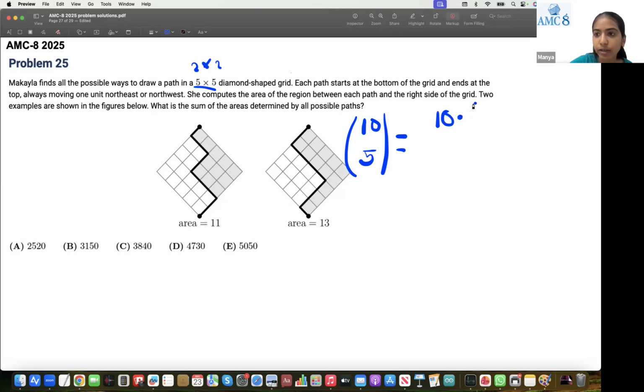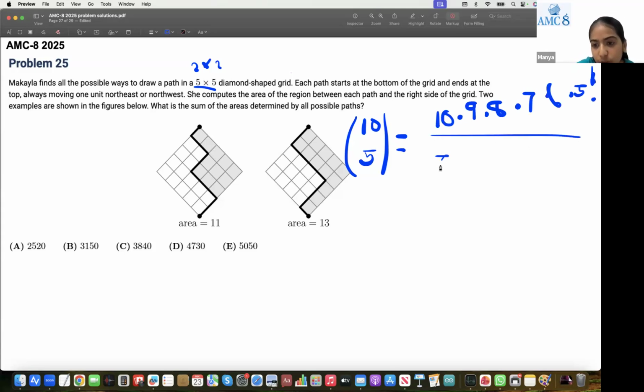10 times 9 times 8 times 7 times 6 times 5 factorial. And the bottom one would be equal to 5 factorial times 5 times 5 factorial, which is 5 times 4, times 3, times 2, and times 1.